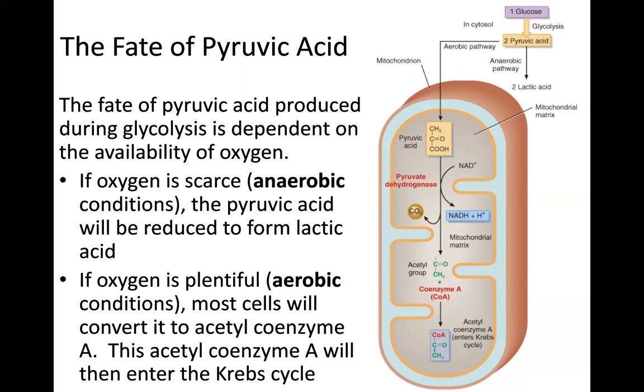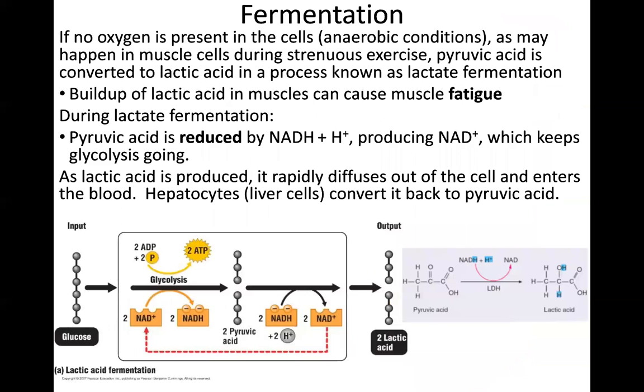It can affect your pH because it is an acid, so it can make your body become more acidic. It can also contribute to fatigue, which has actually been shown to happen as a result of lactic acid. So let's talk about this process where we form it, what's called fermentation.